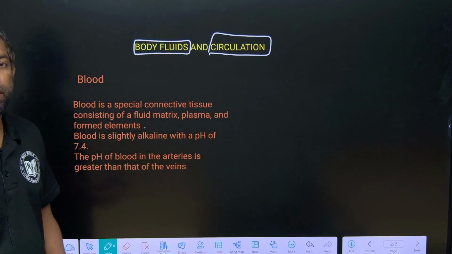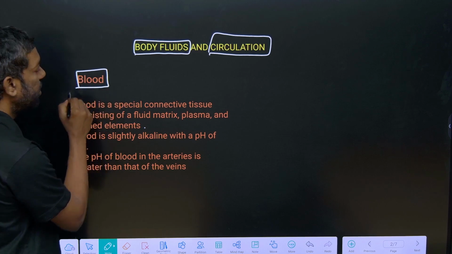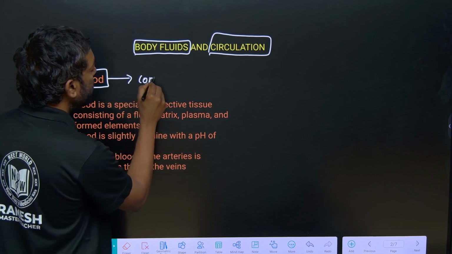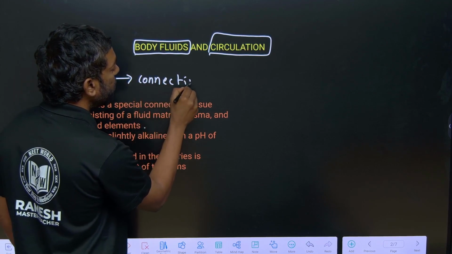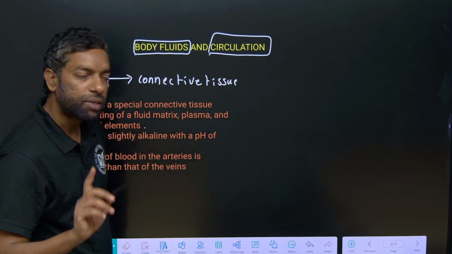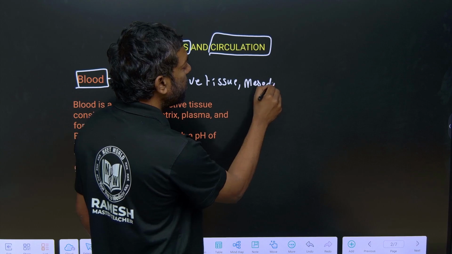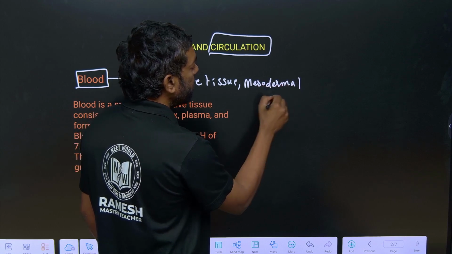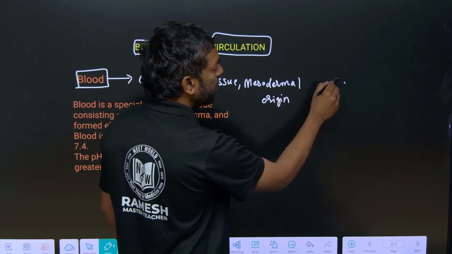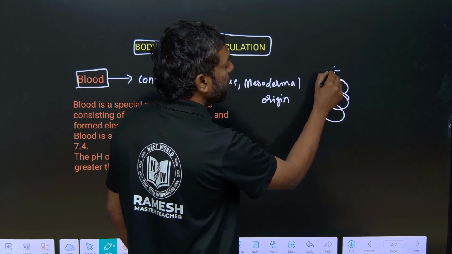Okay, body fluids can circulate. Body fluid, especially blood. Blood is the connective tissue, which is of mesodermal origin, meaning from ectoderm, endoderm, mesoderm.